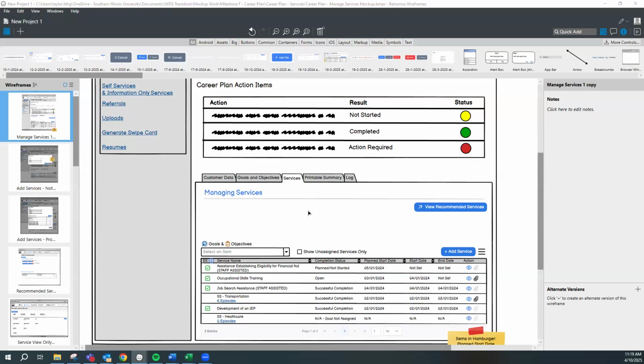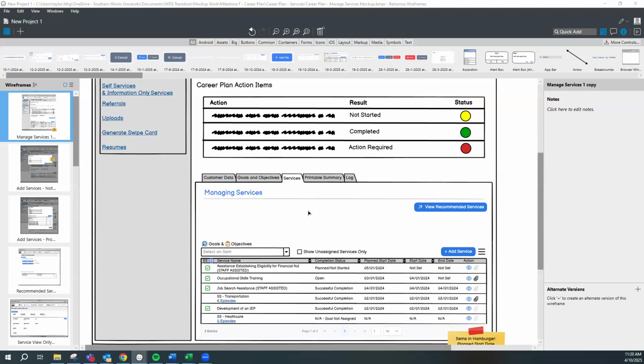Is that how we're going to be adding all the services to enroll people? Or will there be another option to enroll them in services, like on the home screen or something like that? Laura, correct me if I'm wrong, but all of these services would need to be tied to a goal and an objective. Is that correct?